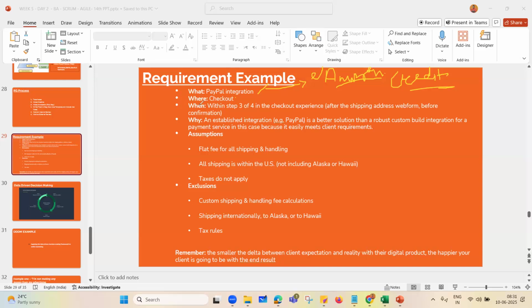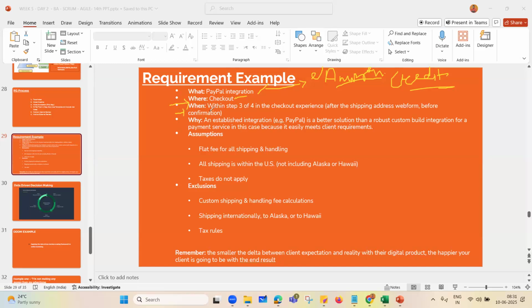Now, the business analyst has another question: where exactly in the e-commerce website does the customer want this PayPal to be integrated? The answer is during the checkout. Checkout might have multiple steps. You are putting the address, then clicking on checkout, filling certain forms and all. So you have to go more specific and answer about the when.